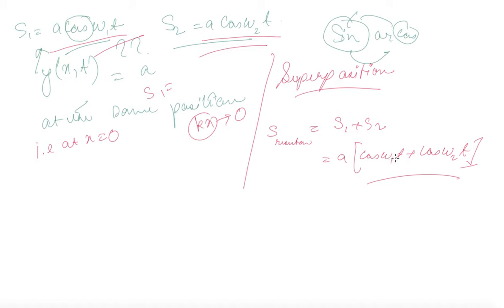Now we will be using the trigonometric identity for cos A plus cos B. Please keep in mind, be very sure regarding the trigonometric identities. This can be written as 2 cos of (A minus B)/2 into cos of (A plus B)/2.